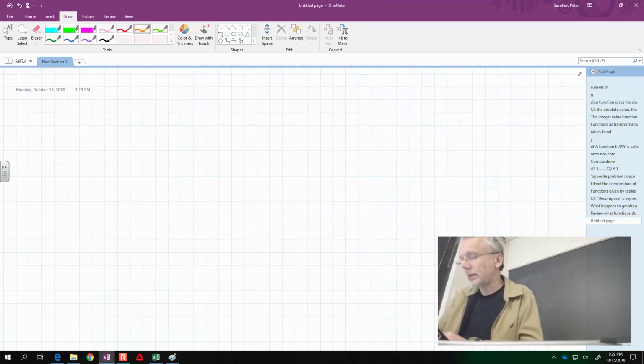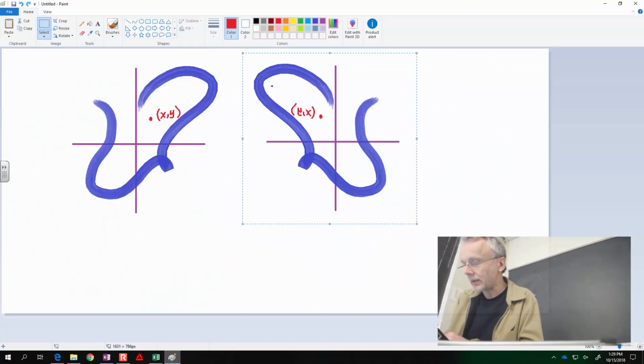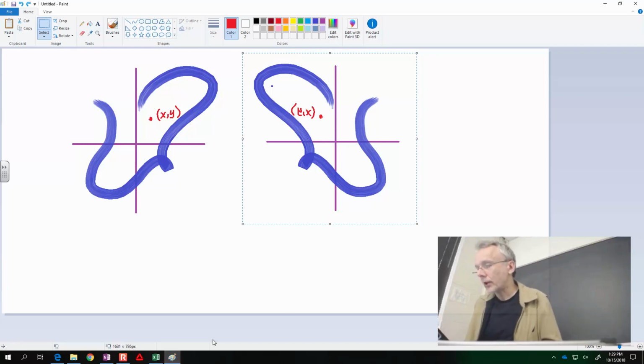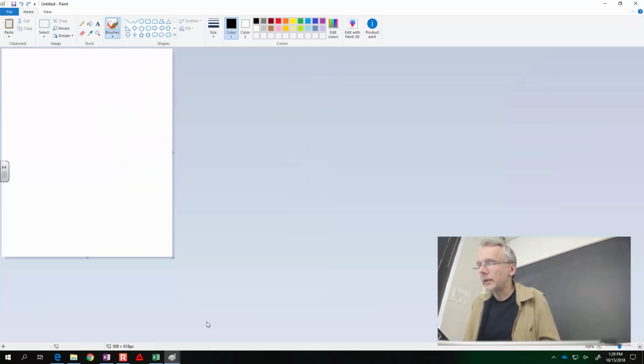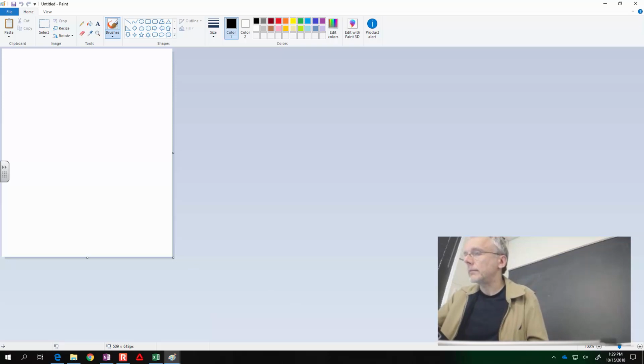Let me demonstrate that it looks similar whether you stretch vertically or shrink horizontally.